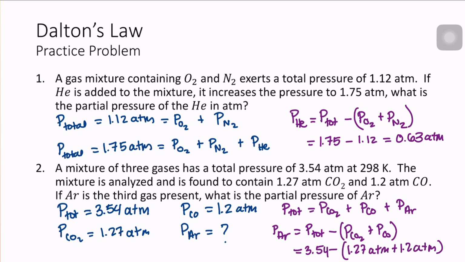And what do you all get? All right, I get 1.07. So the pressure of argon is going to be 1.07 atmospheres.